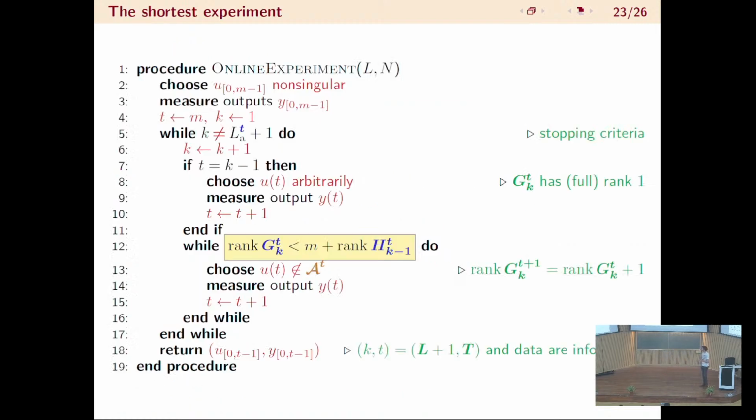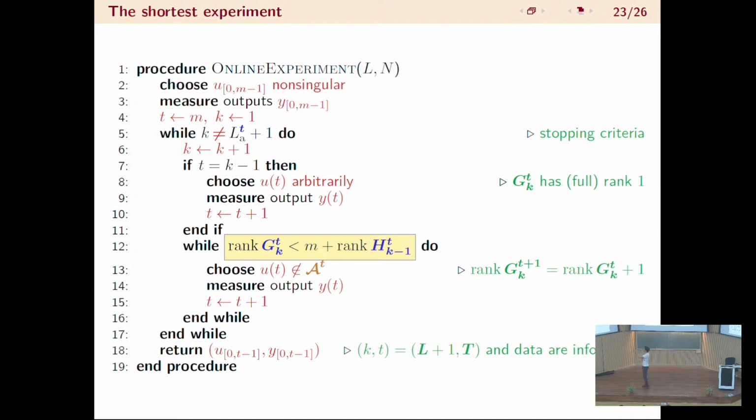Cool, huh? So, if I put everything together, we constructed this online experiment design algorithm. Yeah, okay. I don't want to show you all the details. I realize this is a bit difficult to read. But let me point out the following main aspects. So, we have this while loop that checks the stopping criterion.